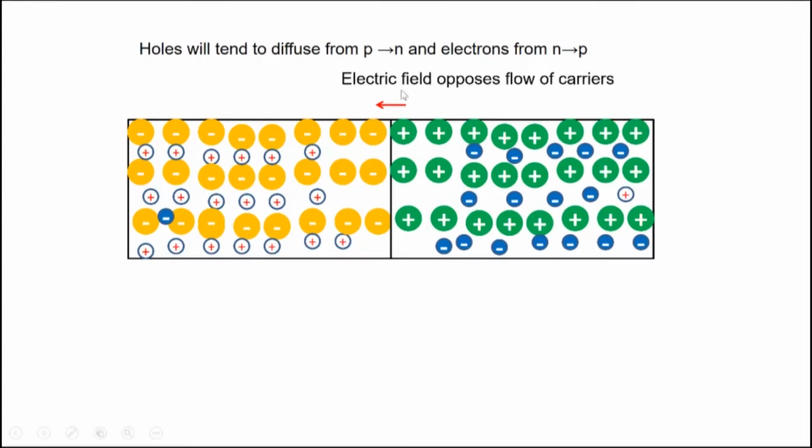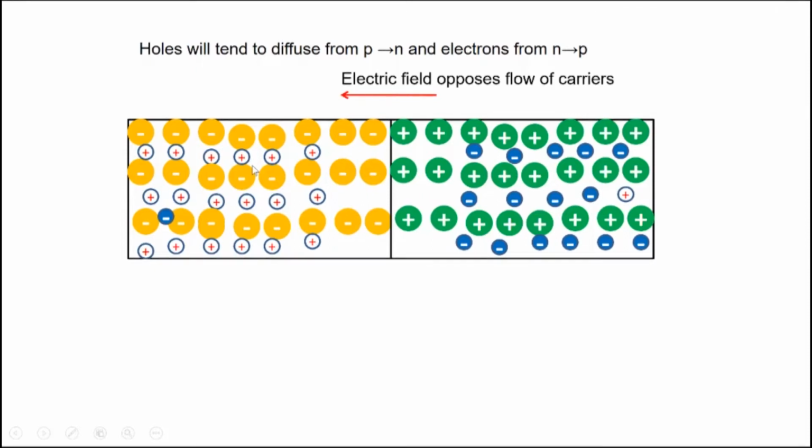But now there are more charges in this particular place, so the electric field becomes stronger and opposes the tendency of holes to diffuse to the right and electrons to diffuse to the left. Eventually, the two processes balance each other.